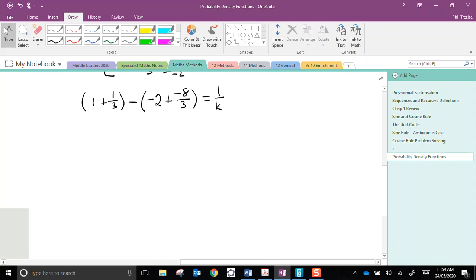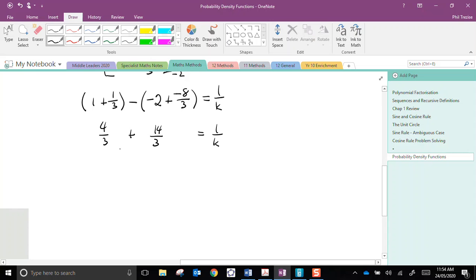So 1 plus 1 over 3 is the same as 4 over 3, minus, now if I imagine 2 to be 6 over 3, that's -14 over 3. Obviously the subtracting of the negative changes to positive. That's 1 over k.